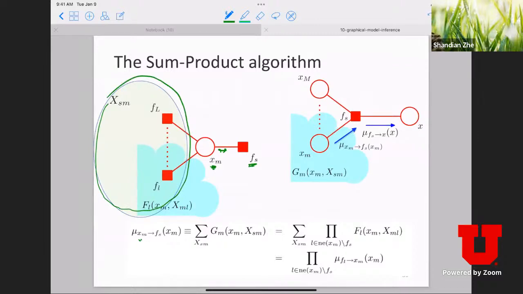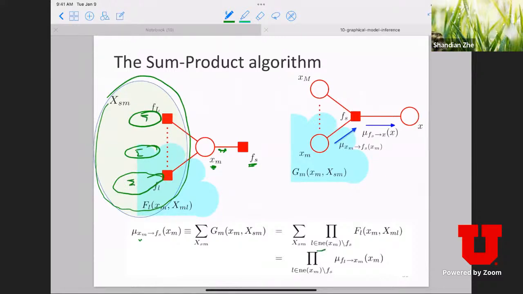And again, this is a tree. That means each child of xm is the root node of a different subtree, and those subtrees, again, are non-overlapping. That means if you do the summation, you can first do the summation inside each subtree, and then multiply them together.